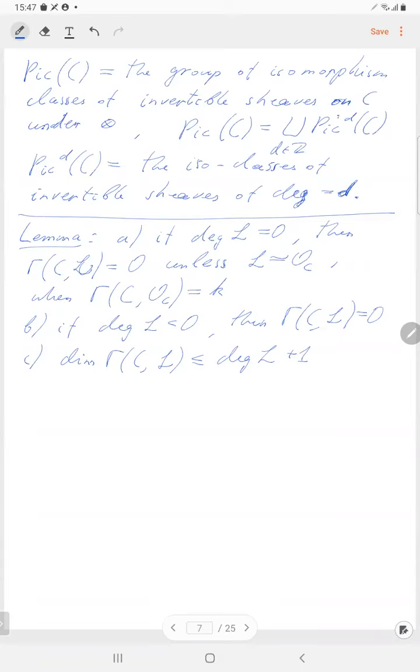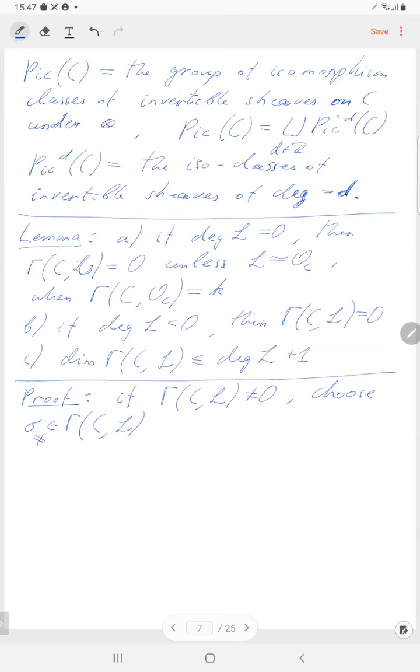Okay, so let's prove this. We start by noticing that if there are some global sections, we can choose a non-zero section sigma, and then L is isomorphic to OC of D for some effective divisor D, namely the divisor of this section.